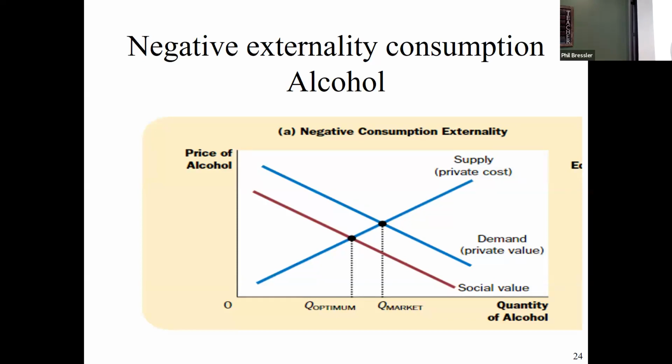Where it says private cost, it could be private / social. When they don't change, they're both. And where it says private value, you could say private benefits. And then MSB, marginal social benefits. Value and benefits are the same. Okay?